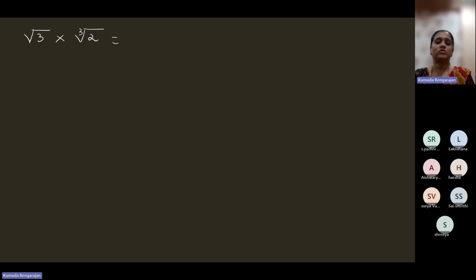So let's see how to bring them to the same order. For that, we'll use the exponential notation because it's easier to explain and also to work. Now square root of 3 is written as 3 to the power 1 by 2. So there are two things here. One is called the radical form.